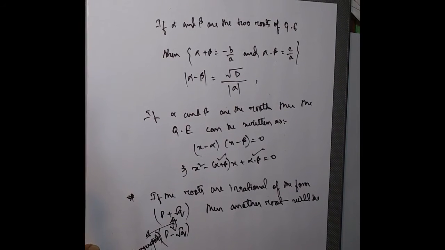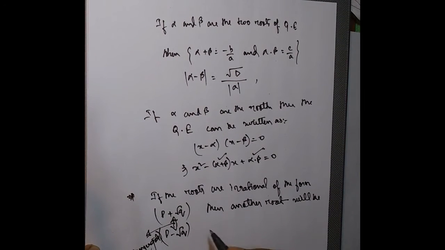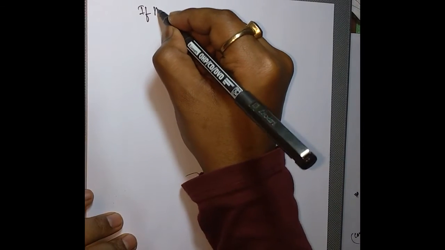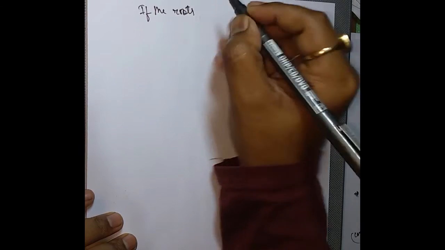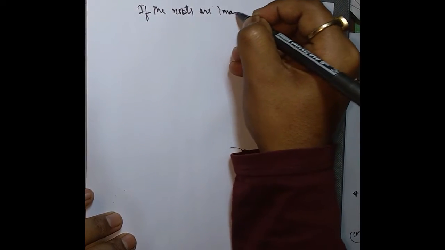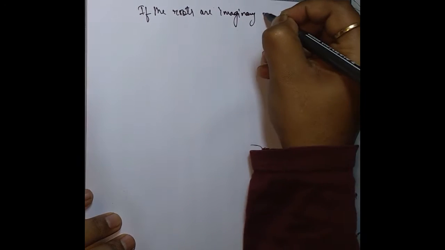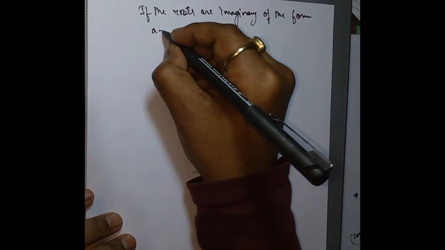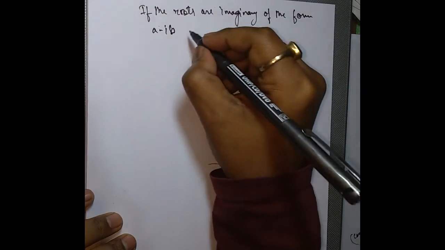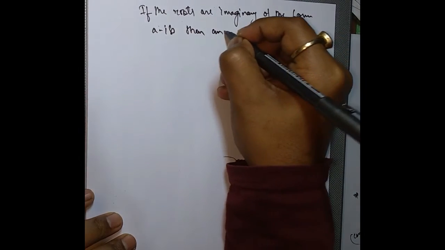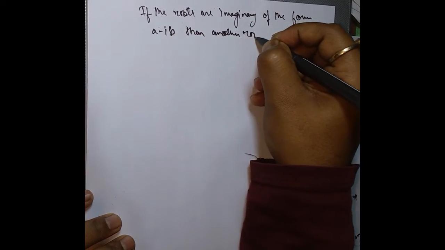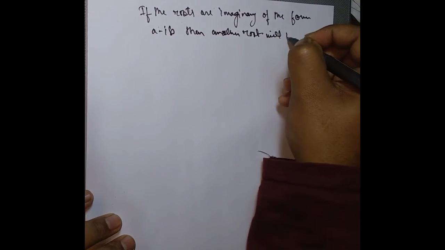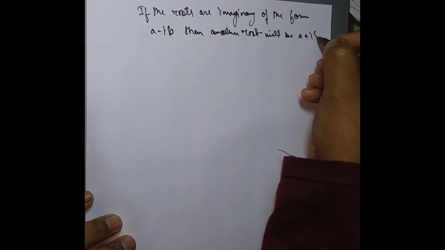Alright, now let's see another one. If the roots are imaginary, of the form a minus iota b, then the other root will be a plus iota b.